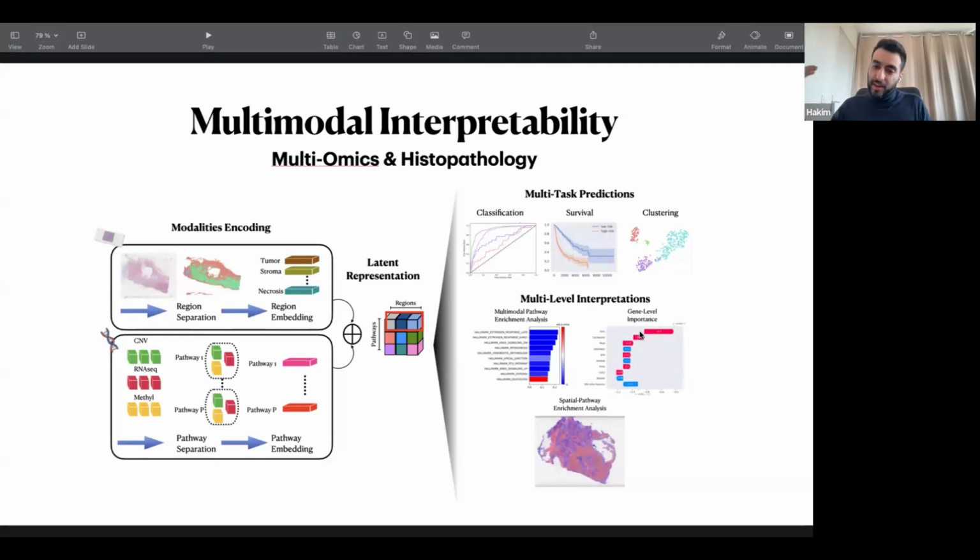We would have a gene-level importance, signifying which genes contribute the most in a specific pathway or in general. And we can have an extension of the pathway enrichment analysis that also takes into account the spatial aspect by adding the information brought by the different regions of the histopathology. So we would have all those kinds of interpretations in the same framework.